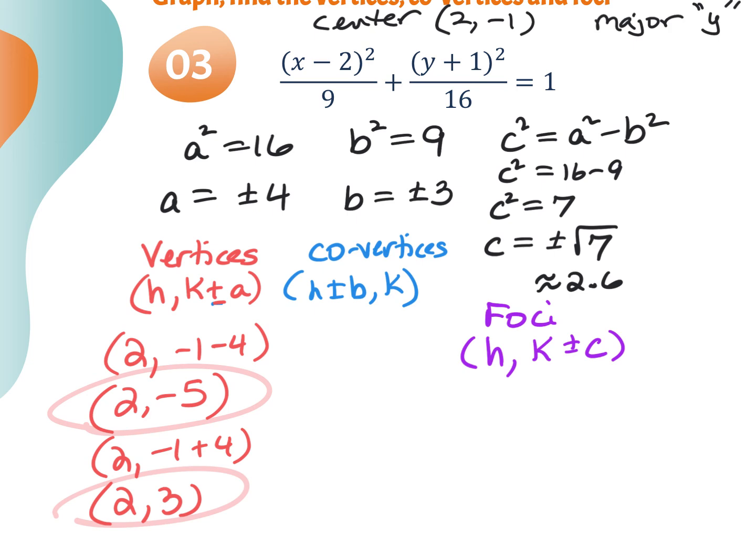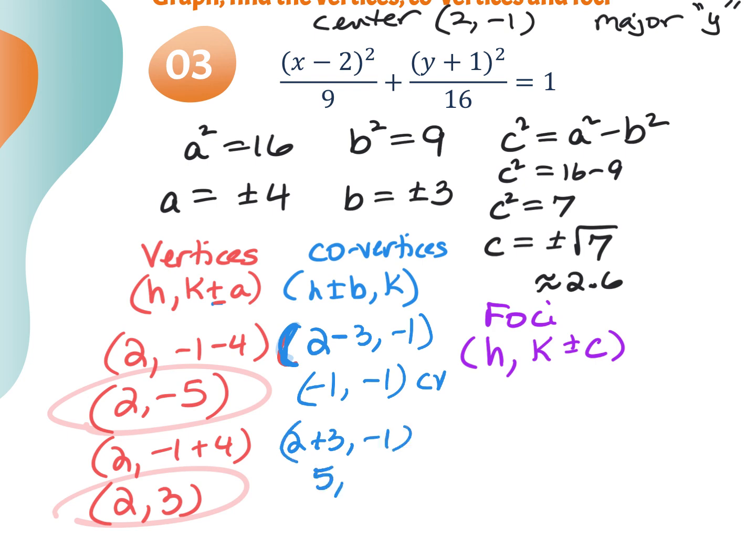My co-vertices, I'm going to take the h value, which is 2, and then I'm going to subtract the b value, put in my k value, which is negative 1. So this will give me negative 1, negative 1. That's my first co-vertex. And then the second one, I'm going to add the 3. So 5 comma negative 1 is the other co-vertex.